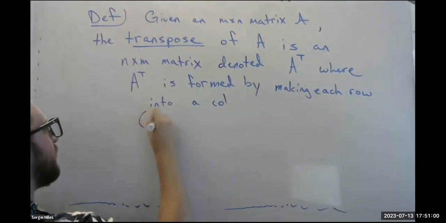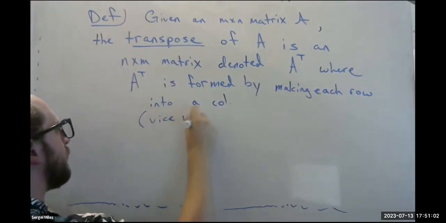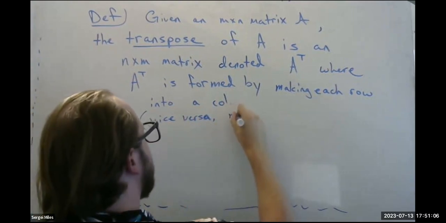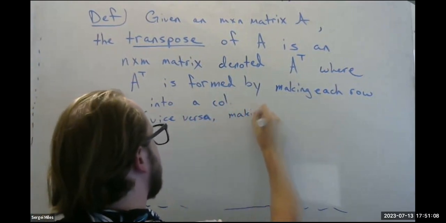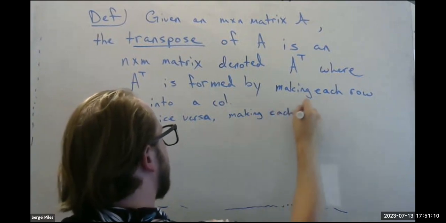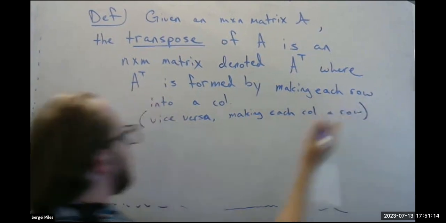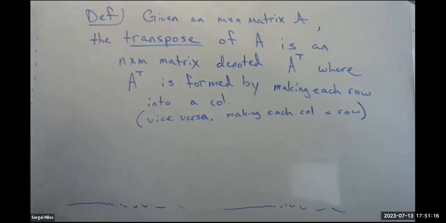You could also think of it as vice versa. This is also the same thing as making each column a row. So rows become columns, columns become rows.